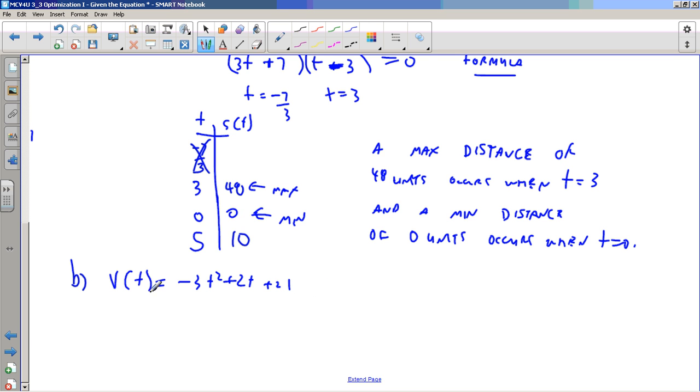The maximum and minimum velocity occurs when its derivative is 0. So that means I should calculate that derivative. That goes down to -6t plus 2. And notice this is actually the acceleration function, right? So the maximum or minimum velocity occurs when the acceleration is equal to 0.